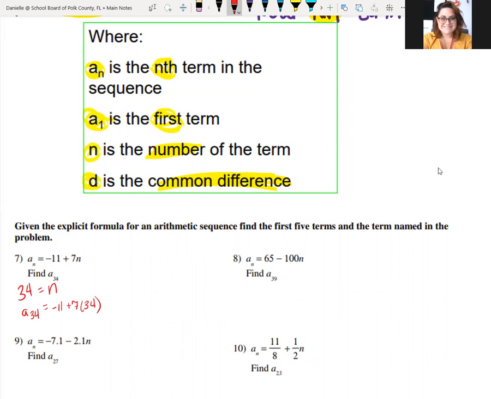Seven times 34 gives me 238, minus 11 gives us 227.